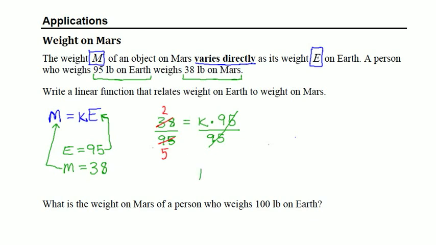Let's call it 0.4. Now, just like in that previous example, I'm going to bring M and E back as variables and only plug in that value for K, so that my answer to the first part is M is equal to 0.4 times E.